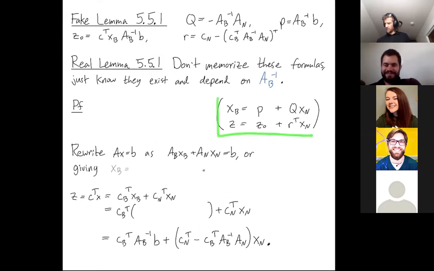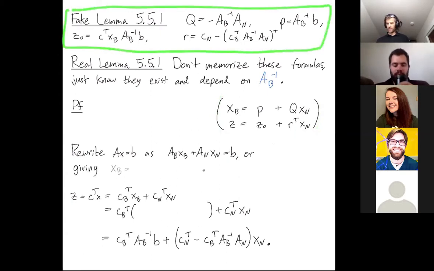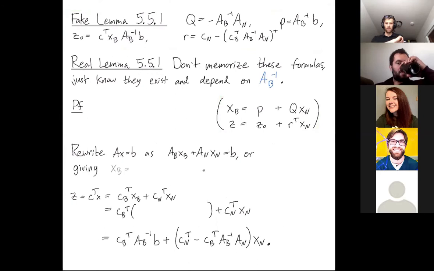I've copied down here below the general notation for our simplex tableau. This is just copied and pasted from above. And I just want to show you quickly how to derive these formulas so that hopefully you're not as scared of them. All right, so A times x equals b.